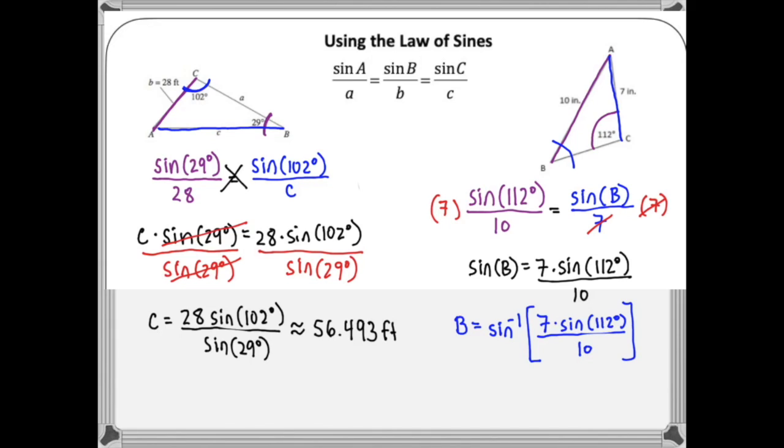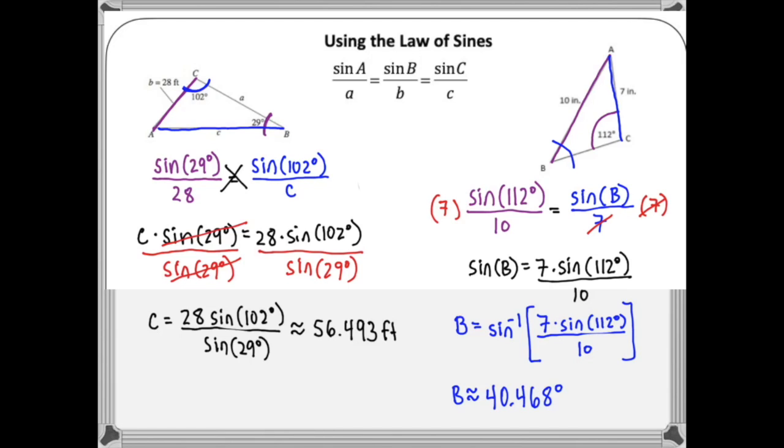We plug that into our calculator, and that is going to give us B approximately 40.468 degrees. So that's how you would use law of sines to solve for an angle.